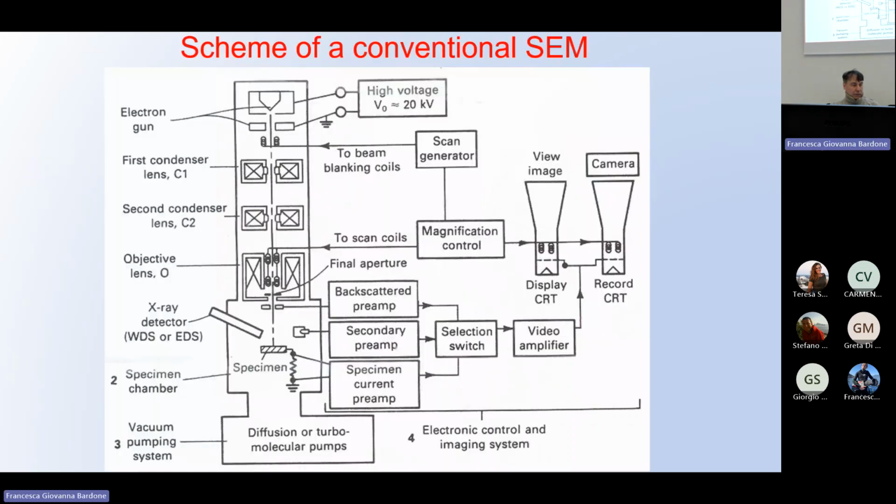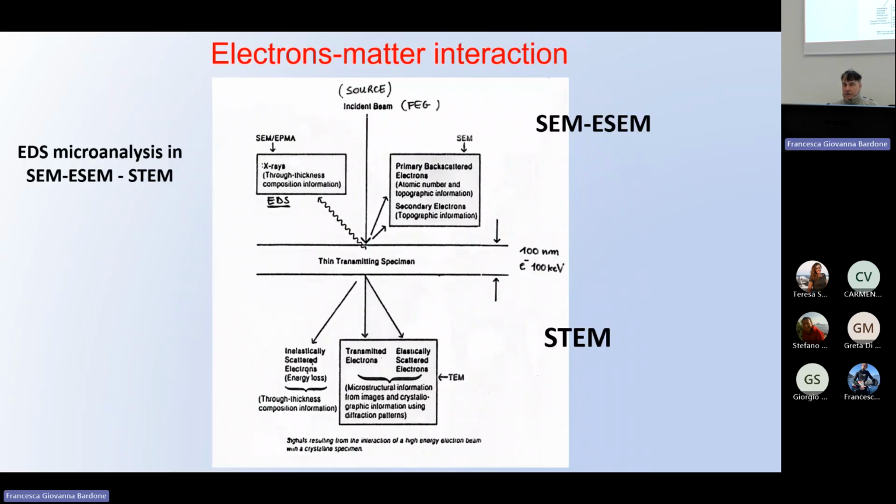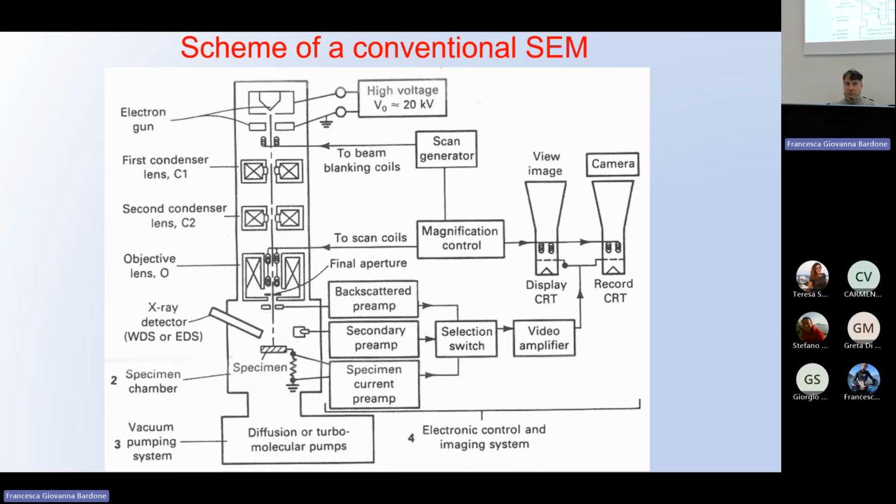Okay, this is just a brief skip to the transmission. Now let's go back to the scanning electron microscope. So how is a conventional scanning electron microscope built? As I said, you have an electron gun which produces electrons. Everything you see is sealed inside this chamber, which is usually made of steel.